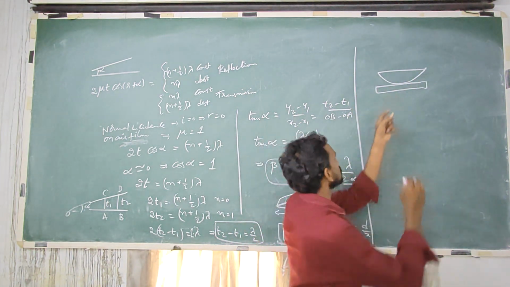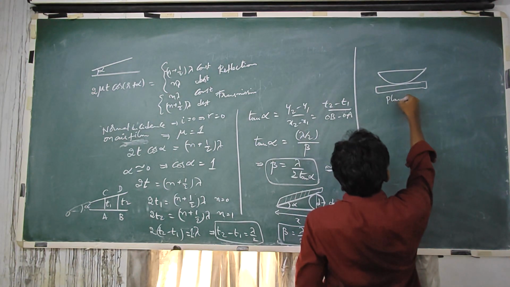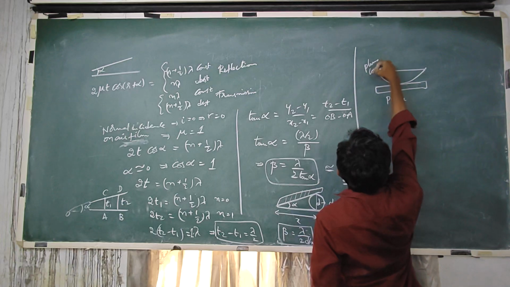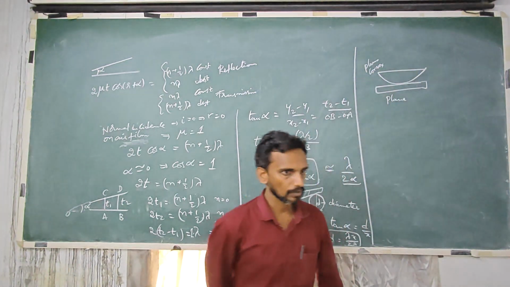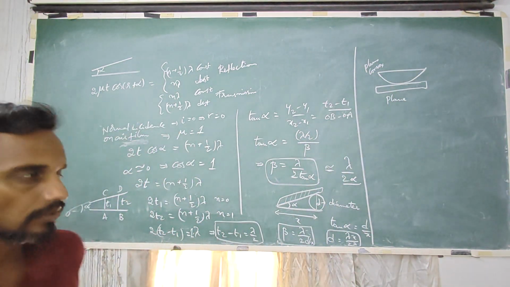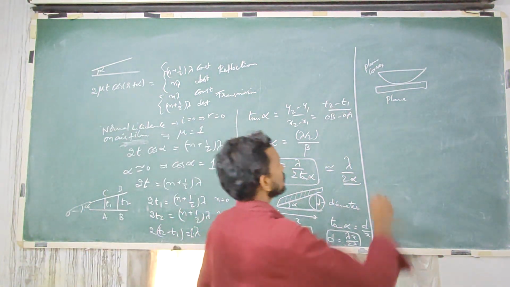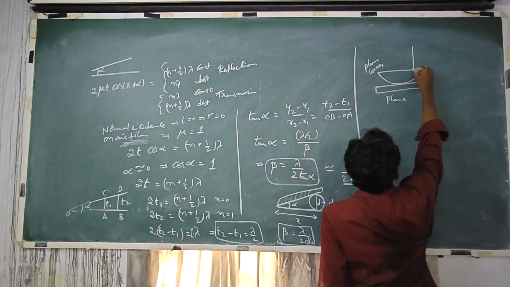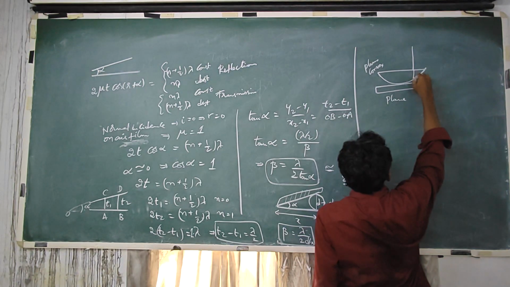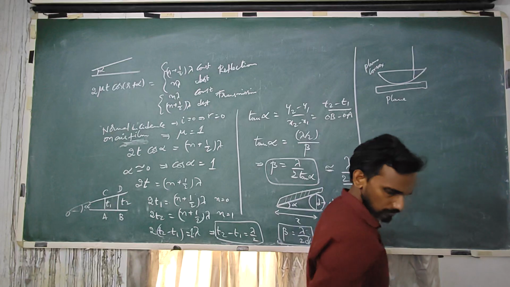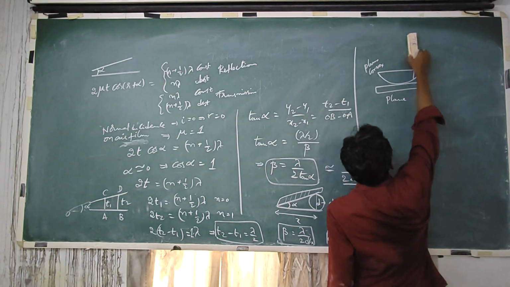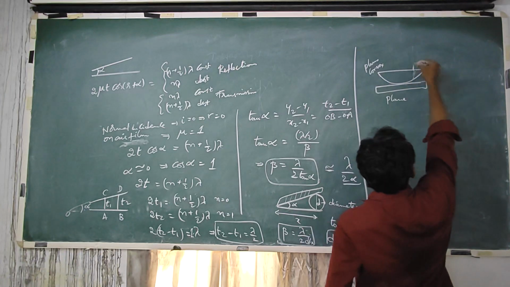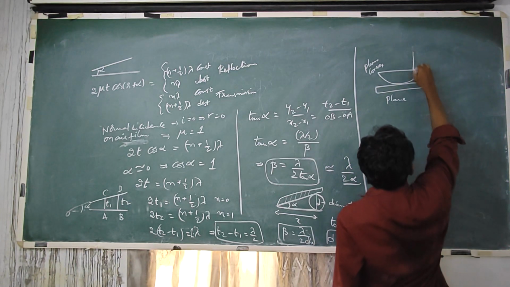So one is plain, another is plano-convex. One is plain glass plate, another is plano-convex glass plate. So now the light is incident normally. So what happens? It will get refracted at some angle, let's say. So up to this portion is not a problem.